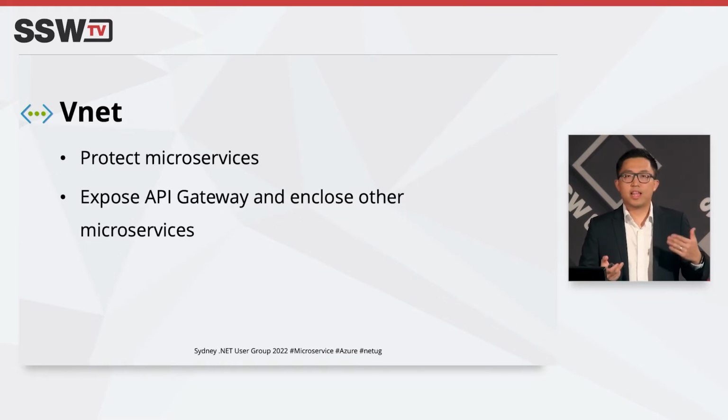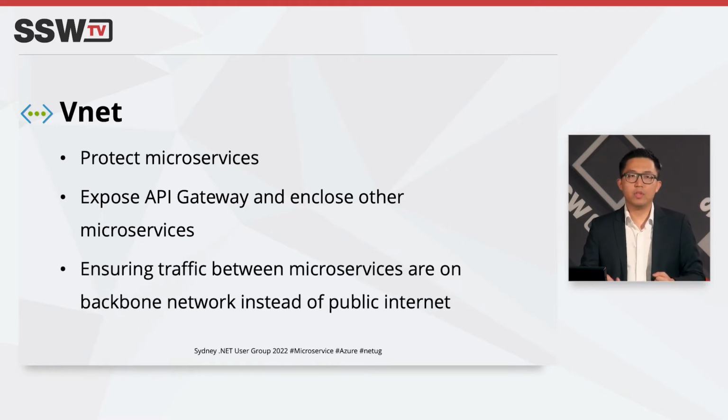And it can help to expose the API gateway and enclose other bits and pieces that are supposed to sit behind the API gateway. So it ensures the traffic between the microservices runs on the backbone network instead of some publicly accessible internet.